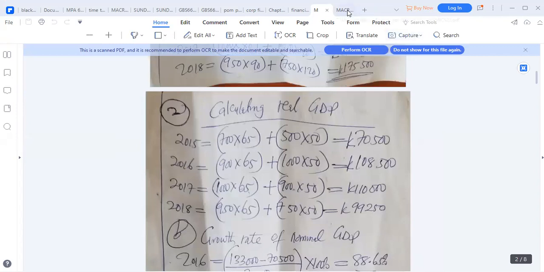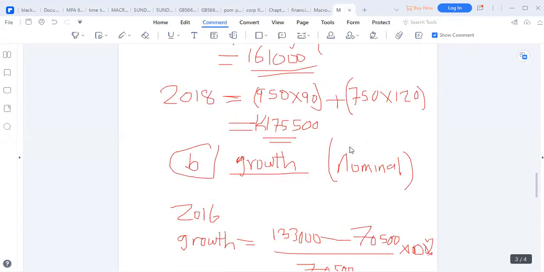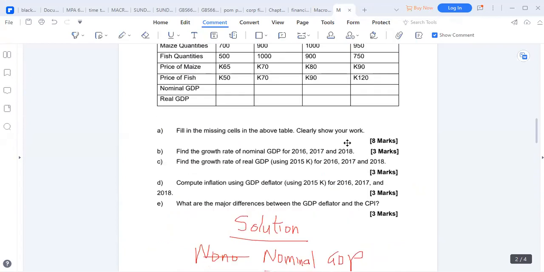Then we go for the other one, where the question says part C, find the growth rate of the real GDP using 2015 as a base year. So we're finding the real gross domestic product using 2015 as a base.